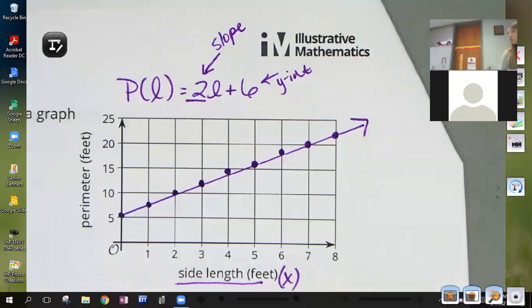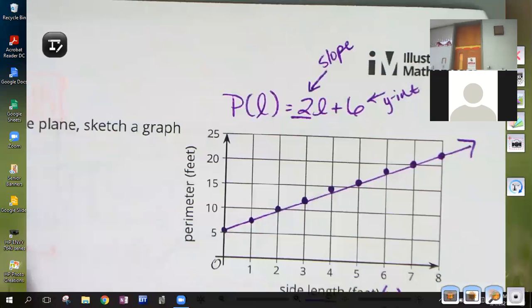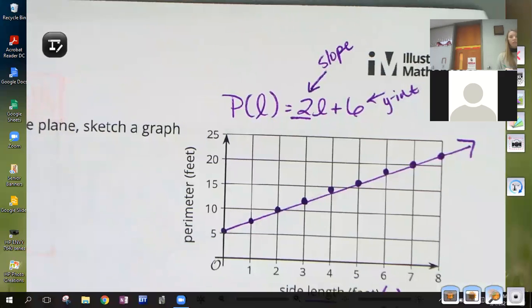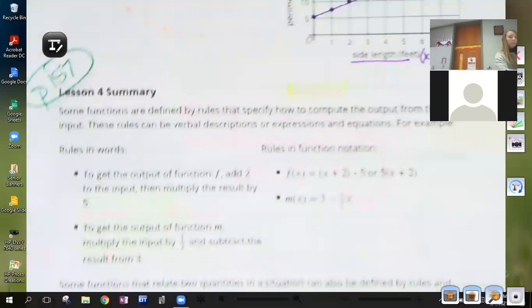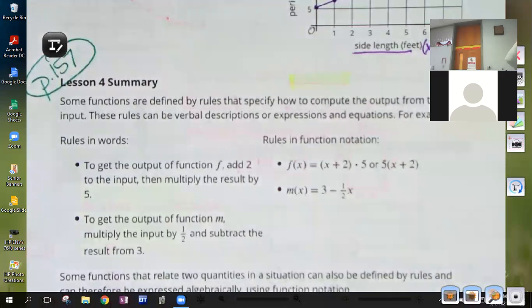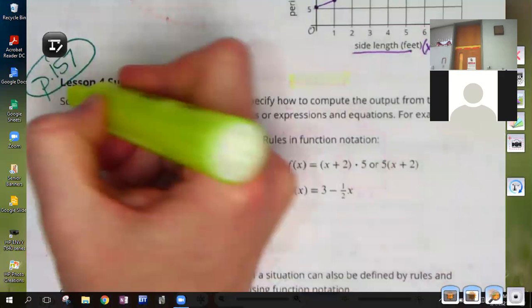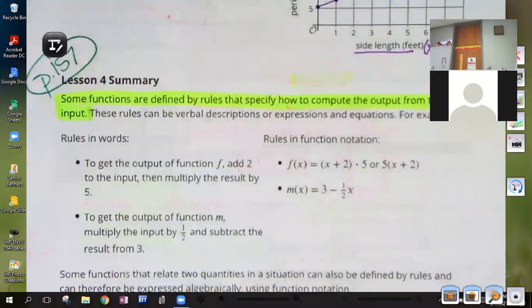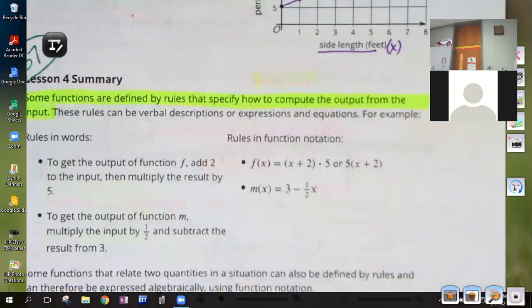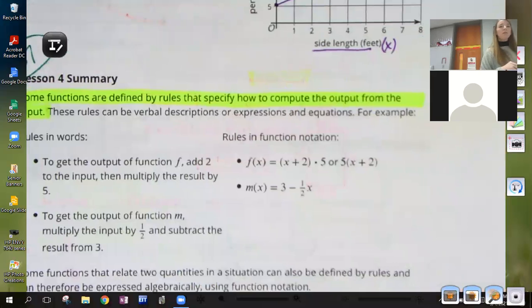All right, now we have our lesson summary. I'm on page 157. Some functions are defined by rules that specify how to compute the output from the input. These rules can be verbal descriptions or expressions and equations, okay?